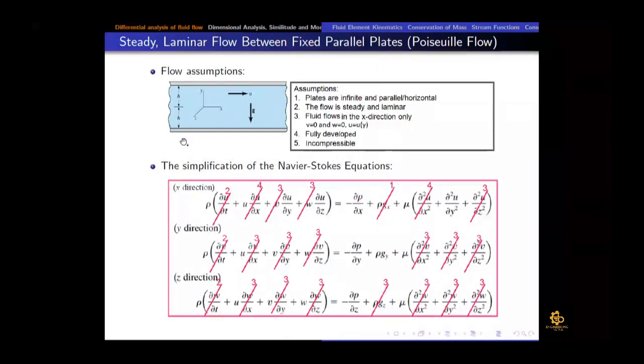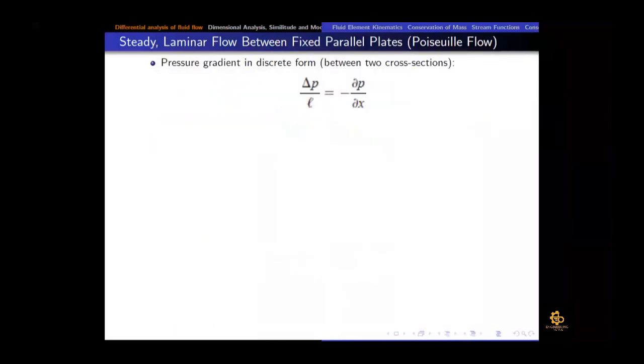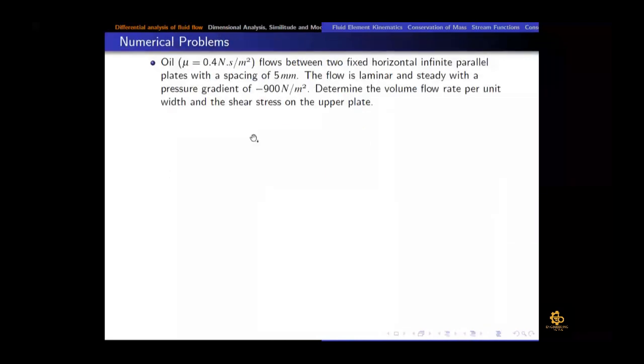So 2h is equal to 5 mm in this numerical. And the flow is laminar and steady with a pressure gradient of minus 900 Newton per meter square. Determine the volume flow rate per unit width and the shear stress on the upper plate. Now we need to calculate these two things. One is the volumetric flow rate, and the other is the shear stress.